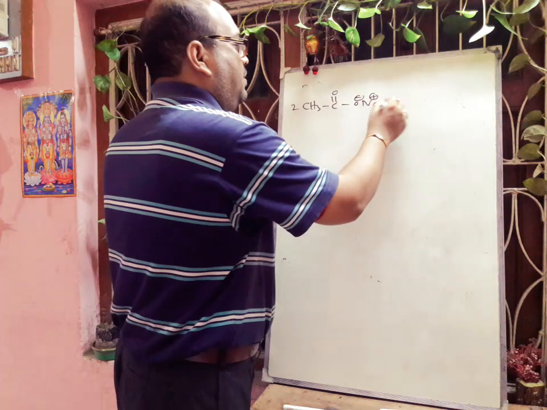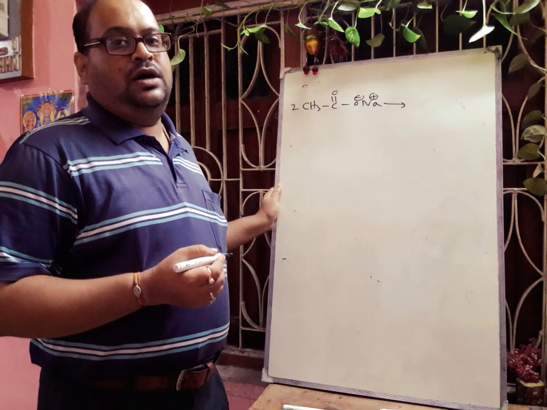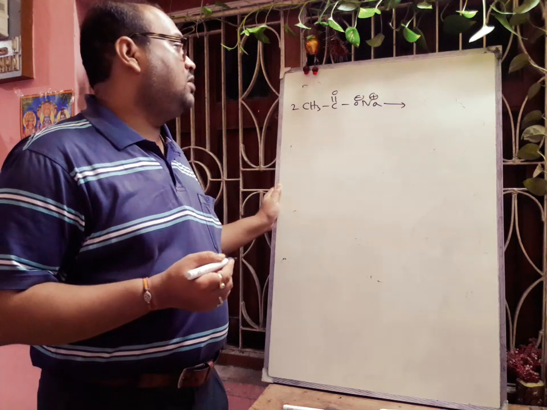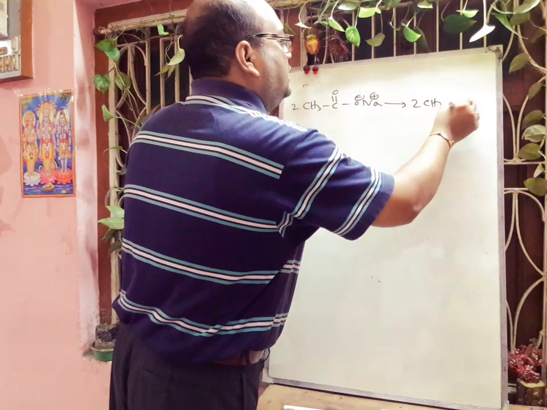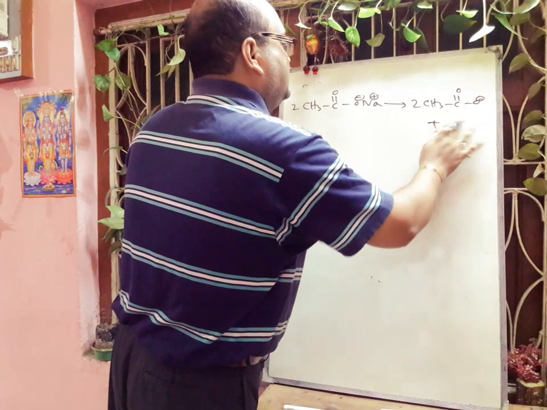First there will be dissociation of this compound, that will produce 2 CH3COO minus plus 2 Na plus.